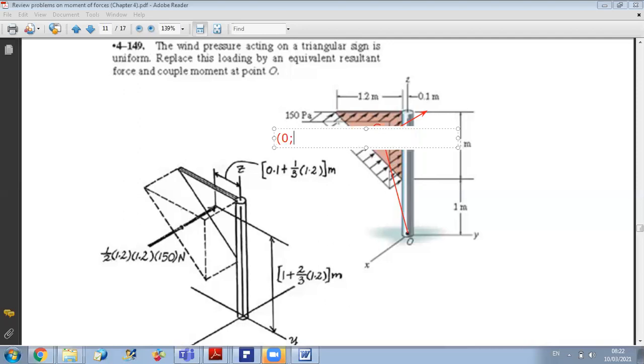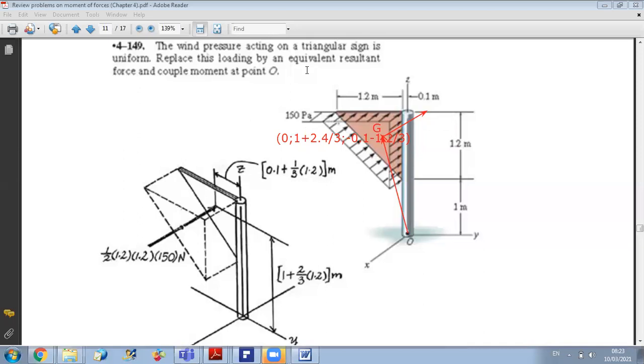Along Y, it is 1 plus 2.4 over 3. And so it has a positive component along Y, and along Z, it has a negative component. And the negative component of it is minus 0.1 minus 1.2 over 3. So minus 0.1 minus 1.2 over 3. Once I find the coordinates of point G, then I know my vector OG, okay?